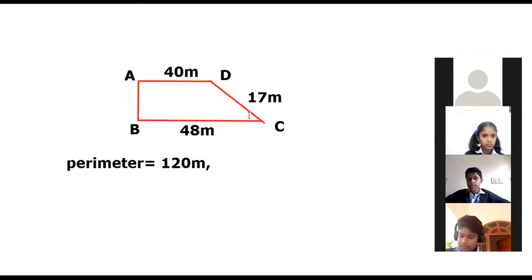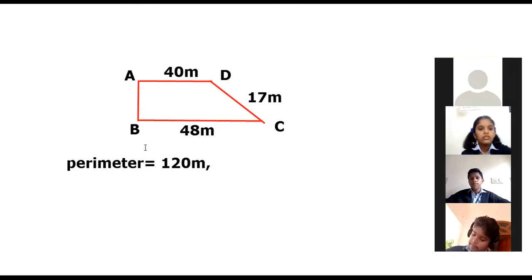That means AB is the height of this trapezium. Clear? That point about perpendicular is to make you understand that it is the height. It was given there to make you think; they won't give it without making you think. A student who doesn't know that the height is a perpendicular line can never say that it is the height. Clear? And the value of AB is also not given here, but we can find it.